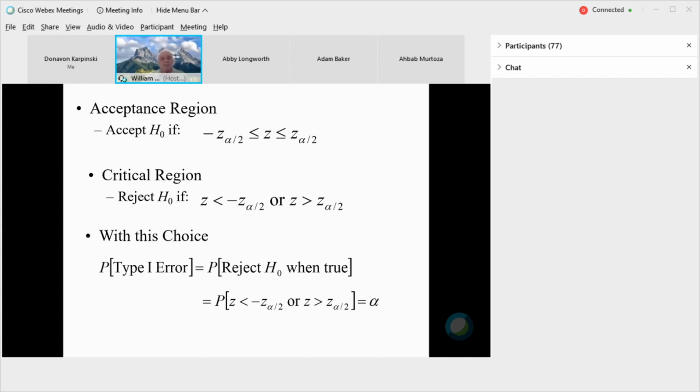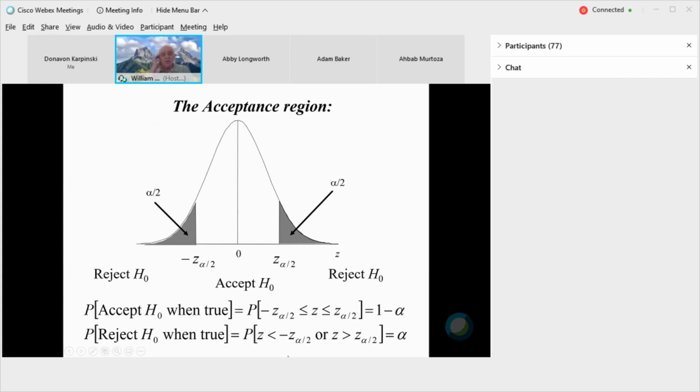There's the acceptance region. The boundaries of the acceptance region and the critical region are found from a table. With this choice, the chance of a type 1 error, rejecting H naught when it's true, is equal to alpha.